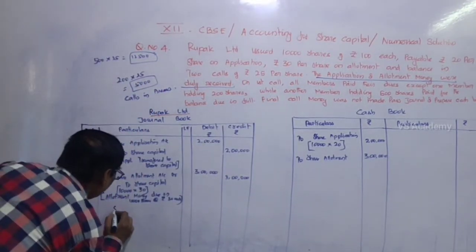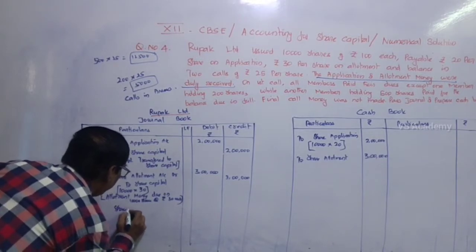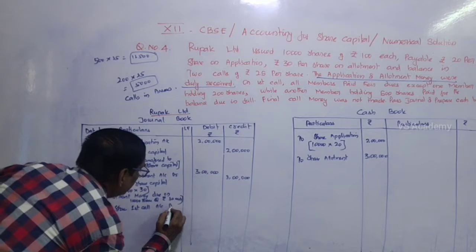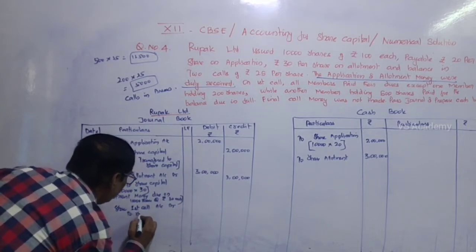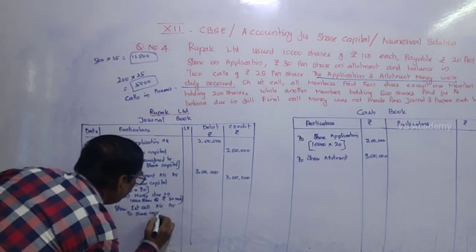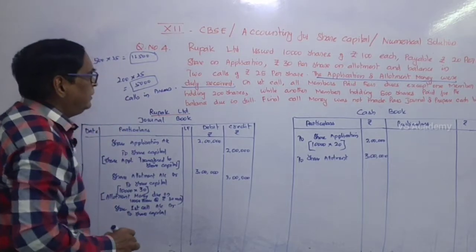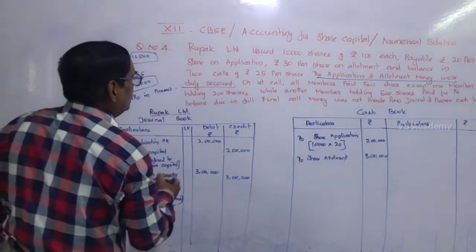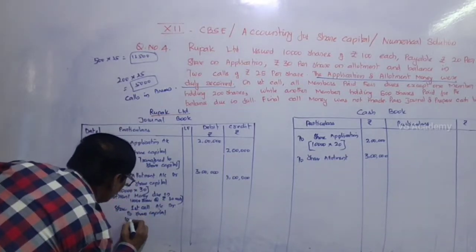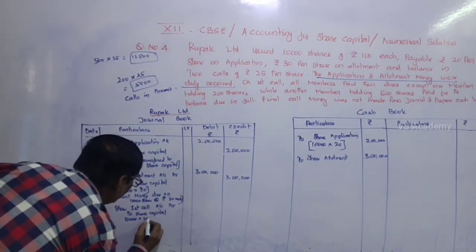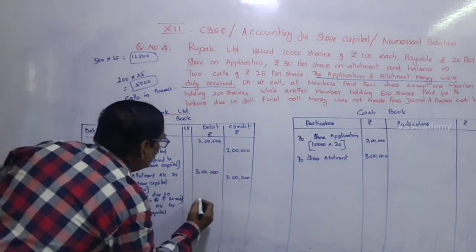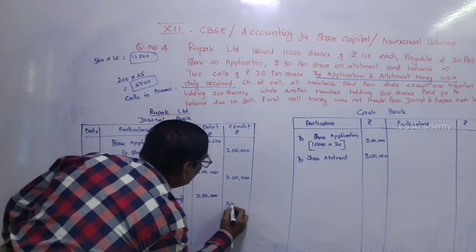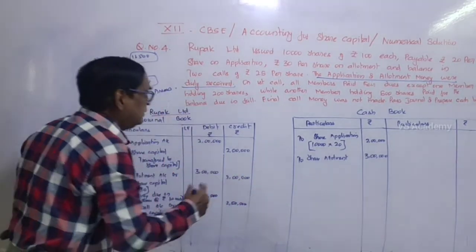So share first call account debit to share capital. It is a due entry. That means 10,000 shares into 25 rupees, that is 2,50,000 rupees. Actually we have to receive 2,50,000 rupees on share first call.